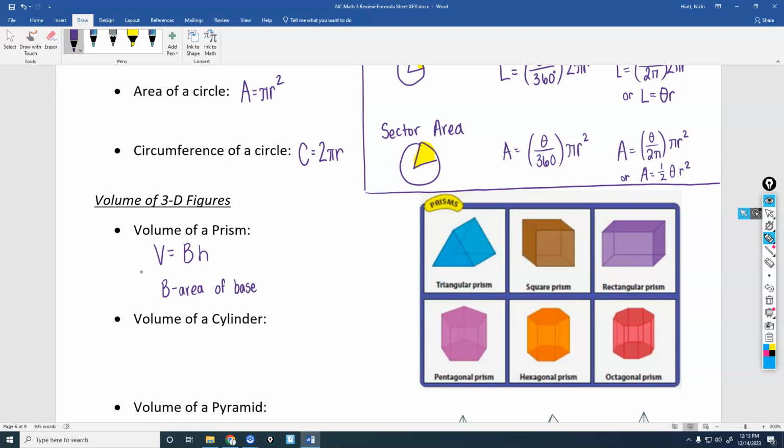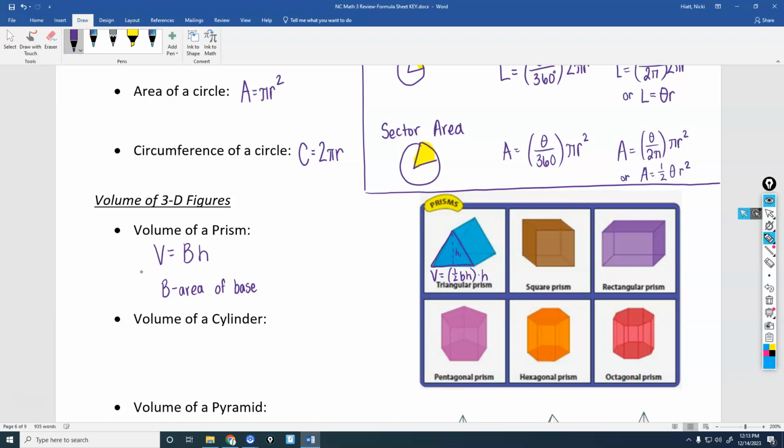Okay. So, for example, if I'm looking at the triangular prism, what shape is my area of the base going to be? Triangle. So my volume would be the area of the base, which is 1/2 base times height, and I'd have to multiply that by the height of the prism. This right here would be the height of the triangle.